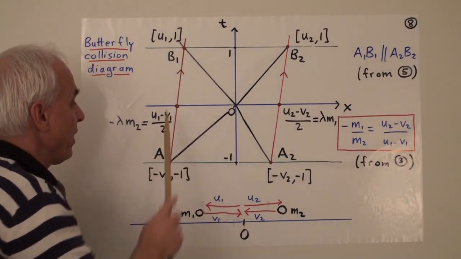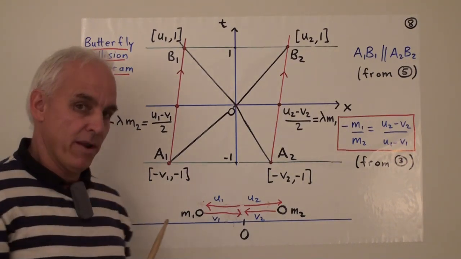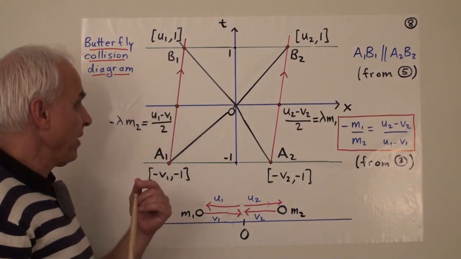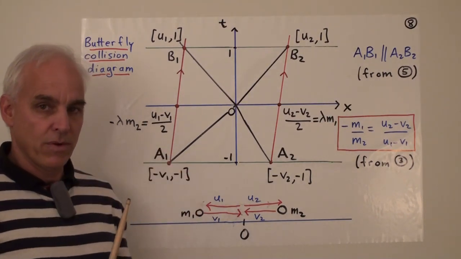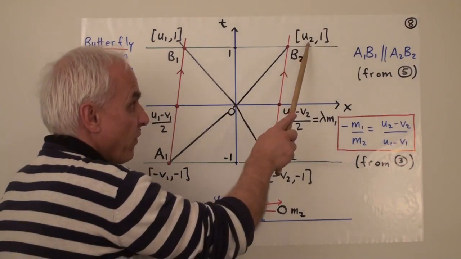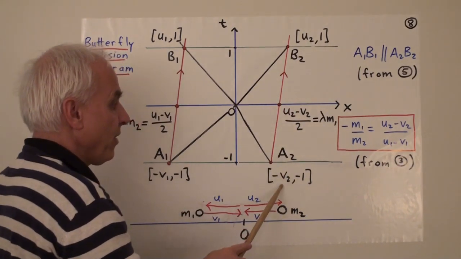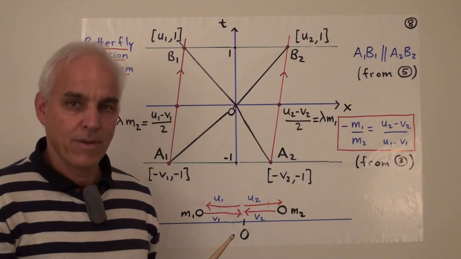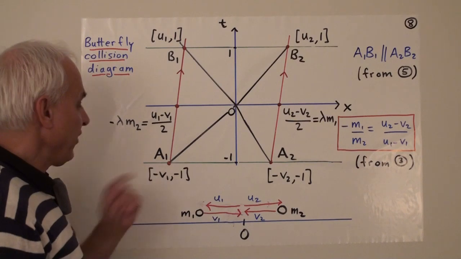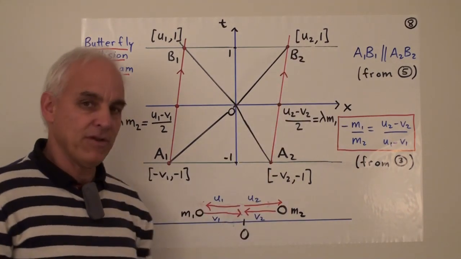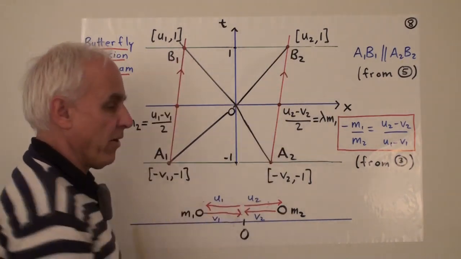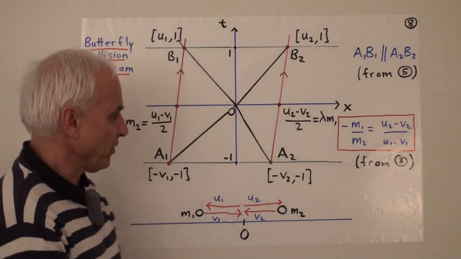So u1, 1 minus minus v1, minus 1 will be, first coordinate will be u1 plus v1, and the second coordinate will be 2. Similarly, the vector from here to here will be first coordinate u2 plus v2, second coordinate 2. But remember, equation 5 said that u1 plus v1 equals u2 plus v2. So these two vectors are exactly the same, and they're therefore parallel. So that's the first remark.